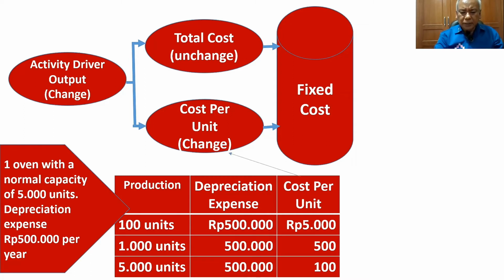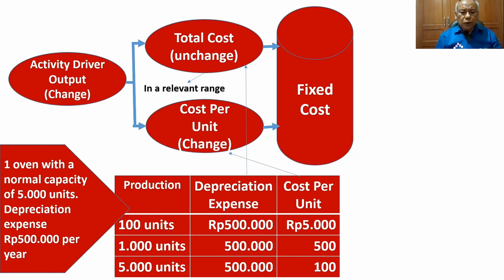In this case, we can see that the cost per unit changes and the total depreciation expense remains constant. Actually, the total cost in this case remains constant in the relevant range. Greater or lower than the relevant range, the total cost will change.